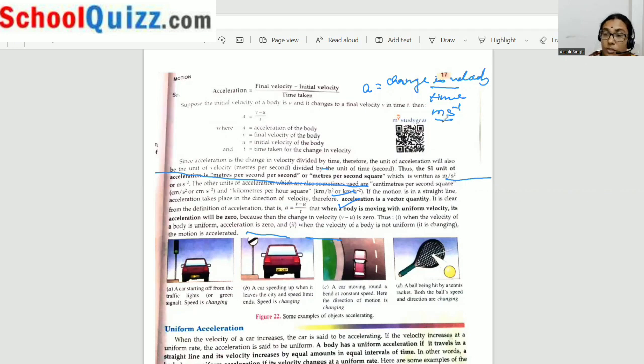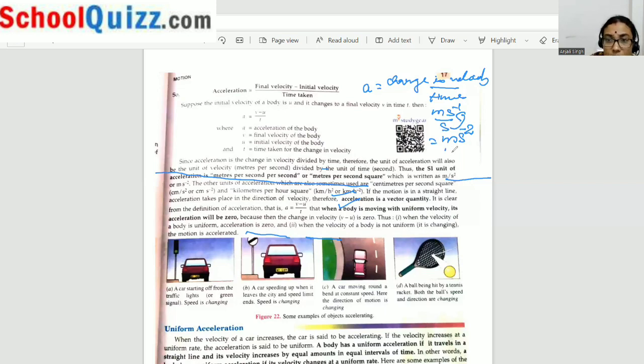In that video, I already explained how to find the unit of velocity. The unit of velocity is meter per second and the unit of time is seconds. So this second will also go downstairs, giving meter per second square. Both statements, meter per second per second and meter per second square, are correct.